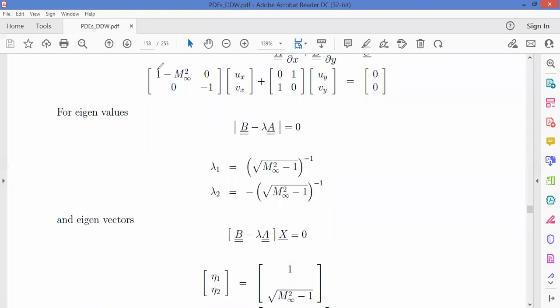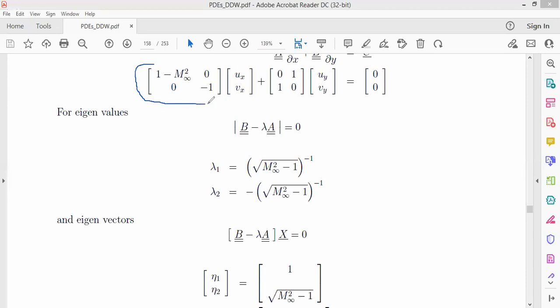So you have this matrix here, which is the B, I hope we are together. Now you are going to subtract the lambda A. The A is this one here, which is 0. This is lambda, and you have lambda, and this is 0. So you have this matrix here.